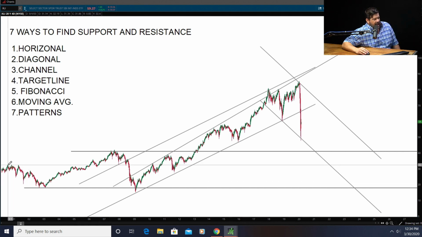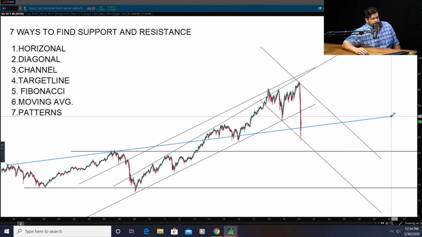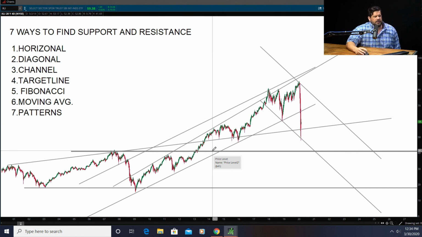We're going to take the highs from the top of this channel to the highs of this channel. We're just going to come across, and we can see that there are multiple places where we hit new highs and lows. At this point, you hit resistance here, it fell back off. It was a confirmation with this diagonal channel.